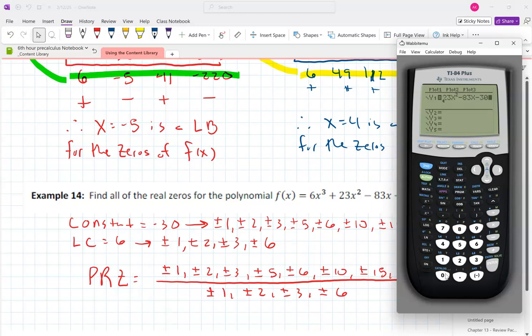And now we've been doing scatter plots and stuff in the previous chapter. I don't know where my window is at, so I'm going to just do a quick zoom standard. That'll set my window back to a reasonable -10 to 10 window.